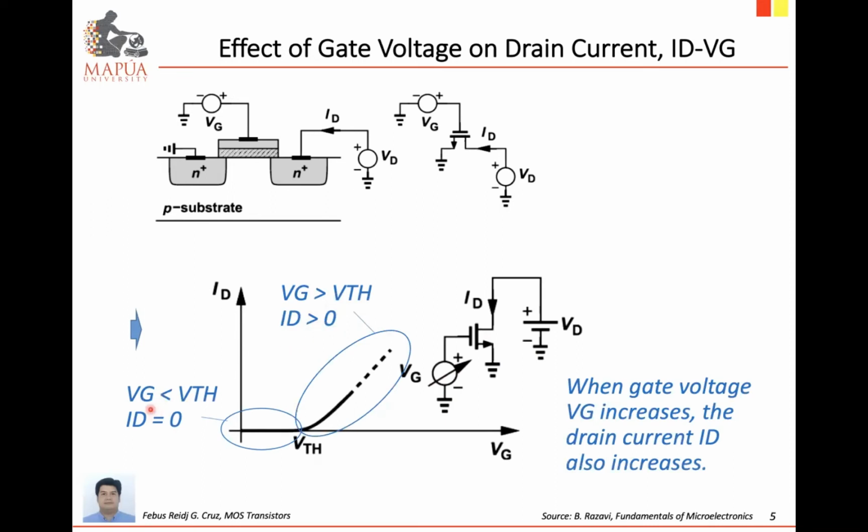When the gate voltage is equal to the threshold voltage, the drain current will still be considered equal to 0, so it should be VG less than or equal to the threshold voltage. Note that when gate voltage VG increases, the drain current ID also increases.